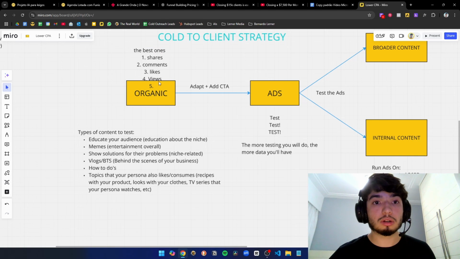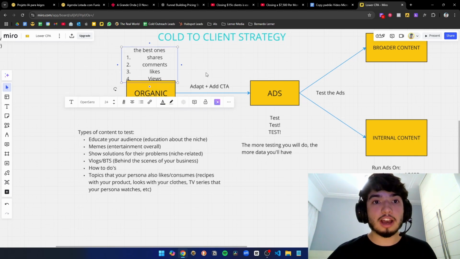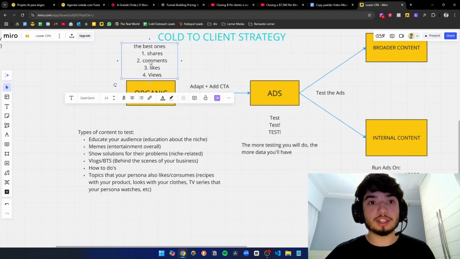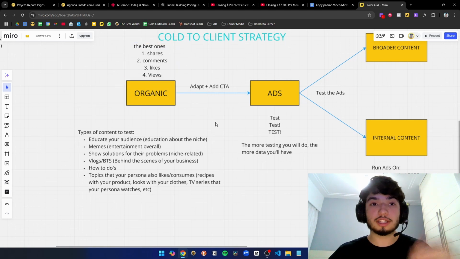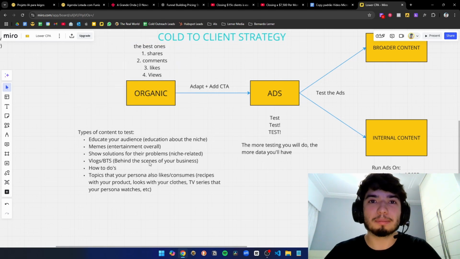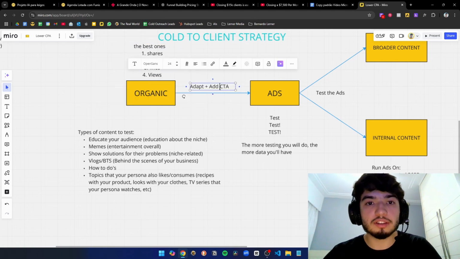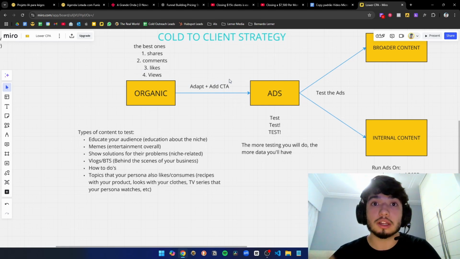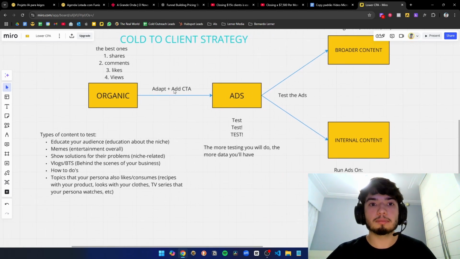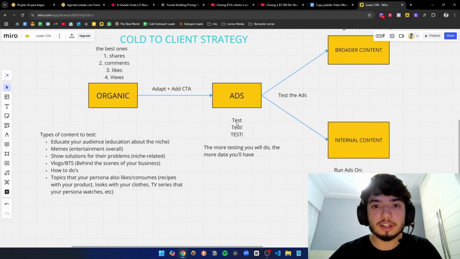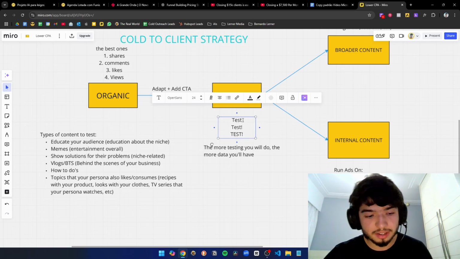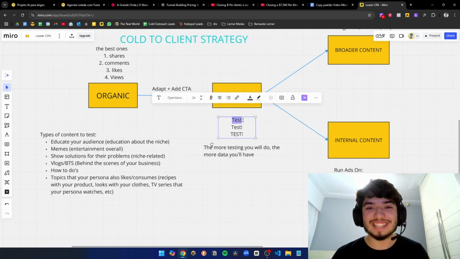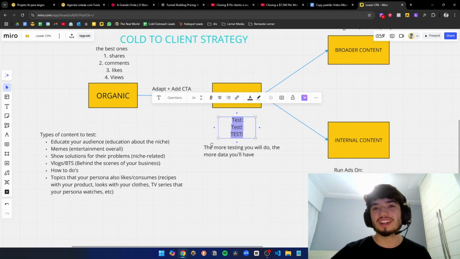After following this priority scale and seeing what are the best ones, you adapt the video or carousel, whatever. You adapt the content and add a CTA so it becomes a selling piece. And by doing that, it turns into an ad. And after you make the ad, you test, wait, test, and then test it once more.